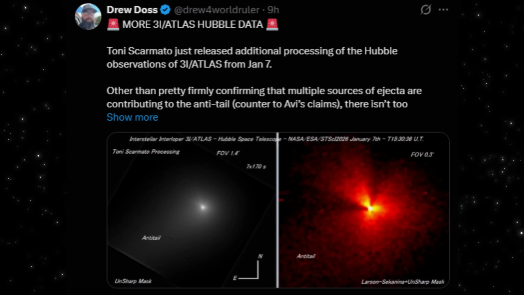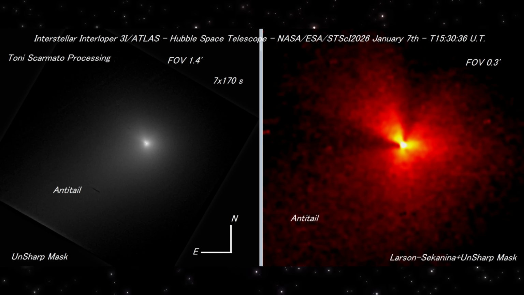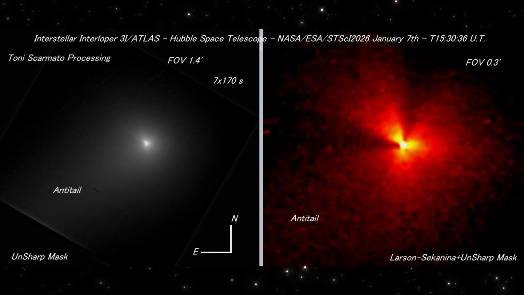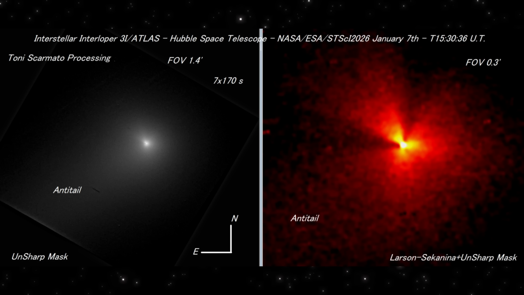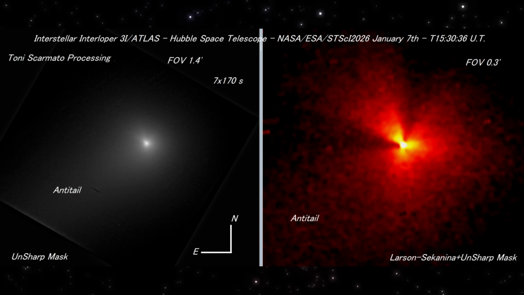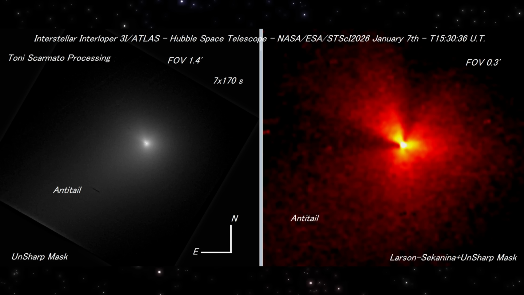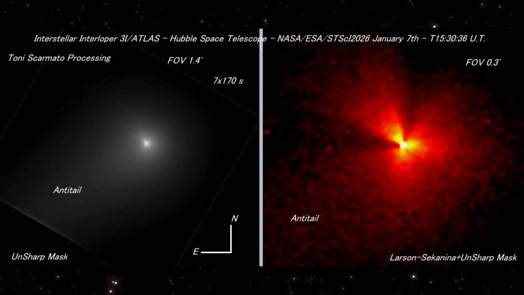So what is the bottom line? This update removes ambiguity. The inner coma structures appear across different filters, persist in independent datasets, and match known dust and jet physics. That is why Toni Scarmato is confident saying these features are real. This is not about hype.